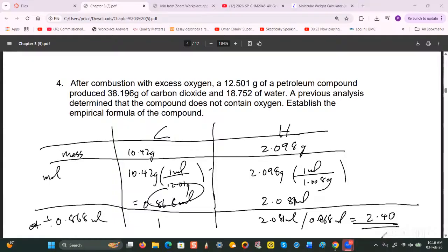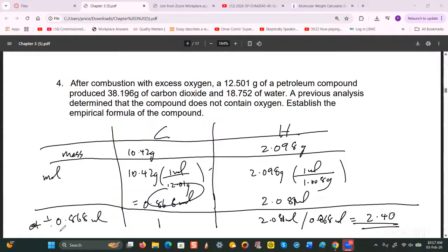So if I do 2.4 times 2, 4.8, maybe 2.4 times 3, 7.2, maybe 2.4 times 5. Oh, that gives you exactly 12, right?